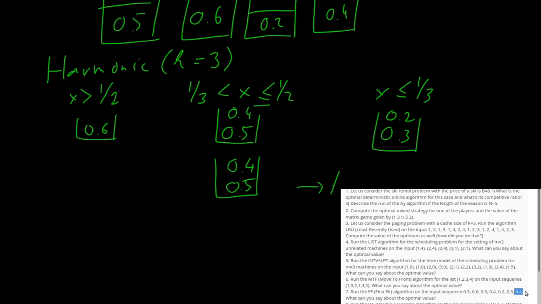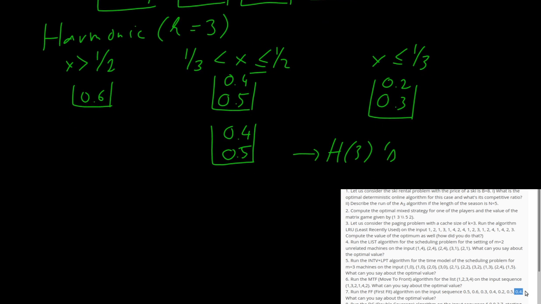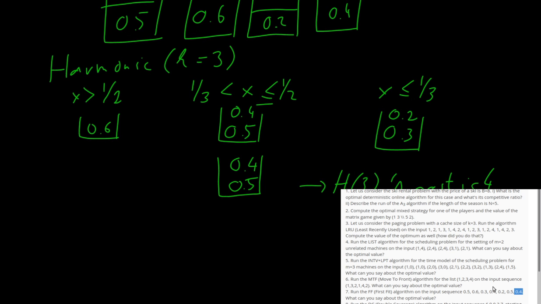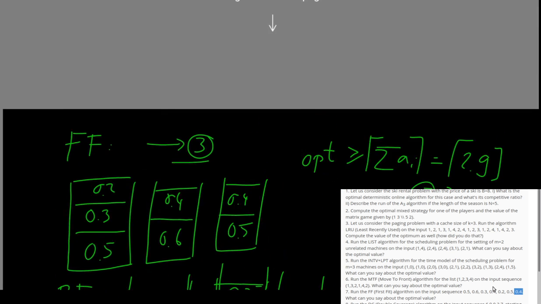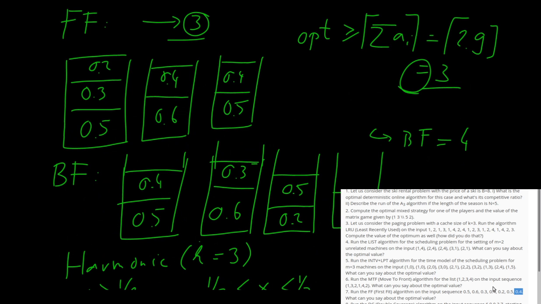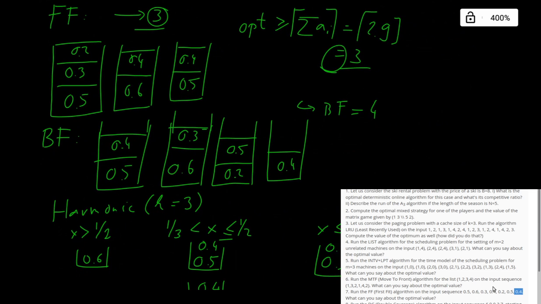So in this case, the harmonic 3's cost is 4 because it uses 4 bins, and basically that would be the solution if you would get the harmonic value. Now for a sample for the next fit shelf algorithm, I think you should just watch the previous video in which I had an example run of the so-called next fit shelf algorithm.